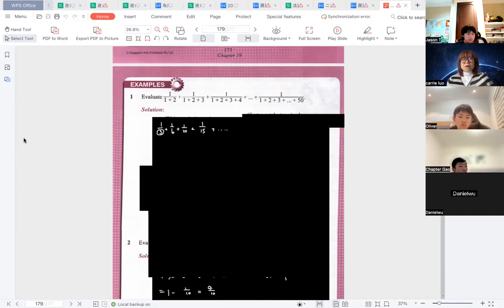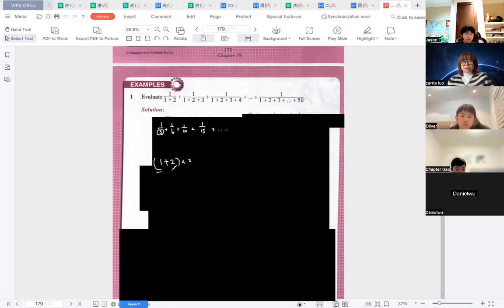Do you still remember the arithmetic sequence sum formula? It's the first one plus the last one, times how many numbers, divided by 2. You might say, teacher, why so troublesome? 1 plus 2 equals 3, I can get it right away. But later there is 1 plus up to 50, so it's almost impossible to add all the numbers one by one. But if I give you the formula, you can just divide and get the answer.